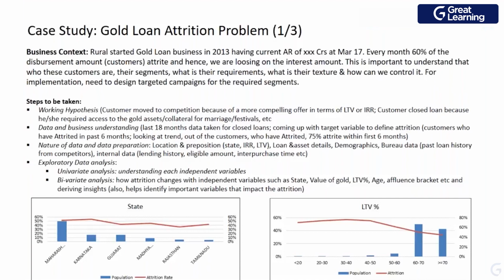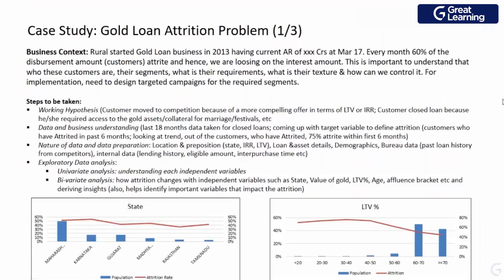Some of the variables which we thought would be good for the hypothesis were the location and proposition. So which state the customer belongs to, how much IRR and LTV that customer has been given, what are some of the loan and asset details of the customers, how the demographics look, and what the bureau data of the customer is.